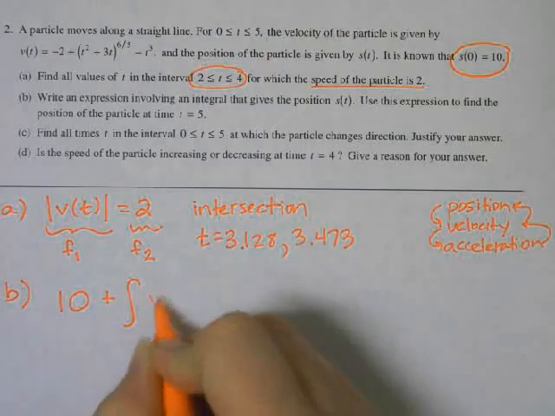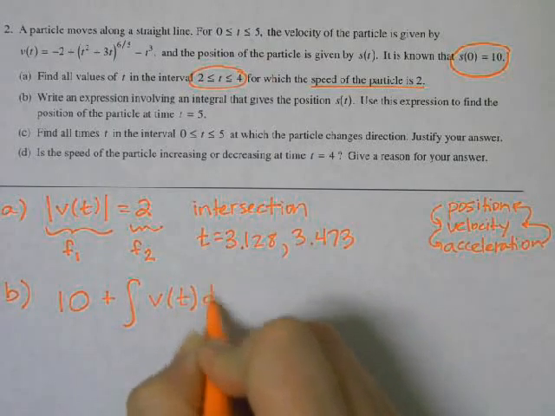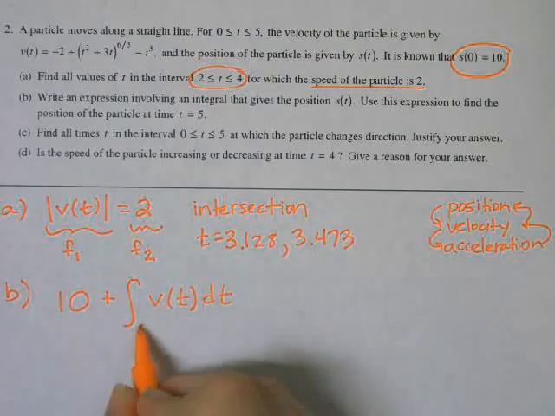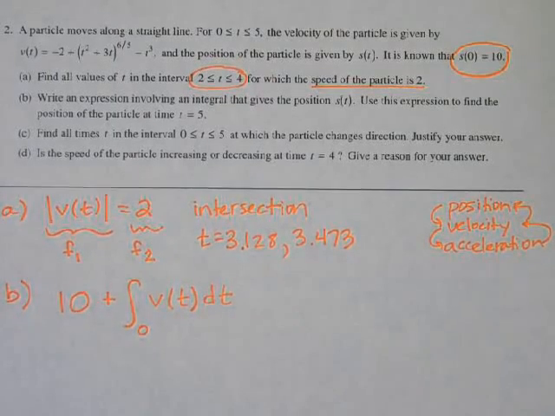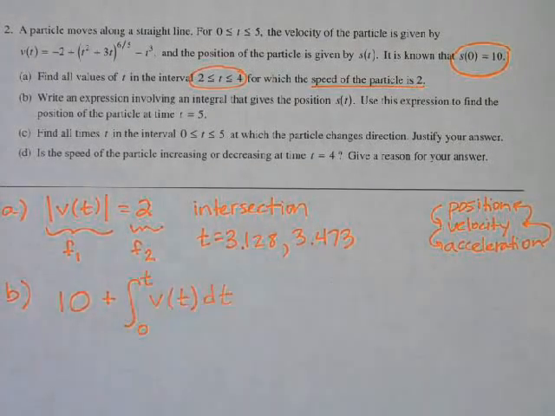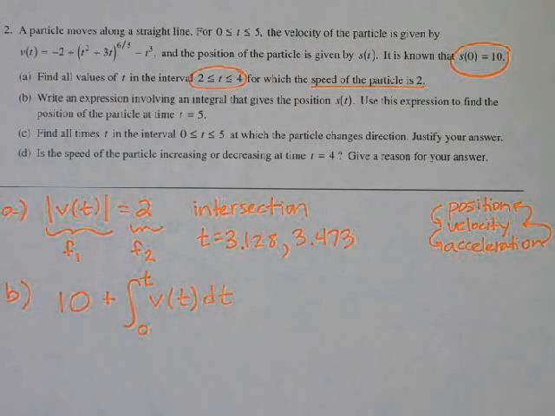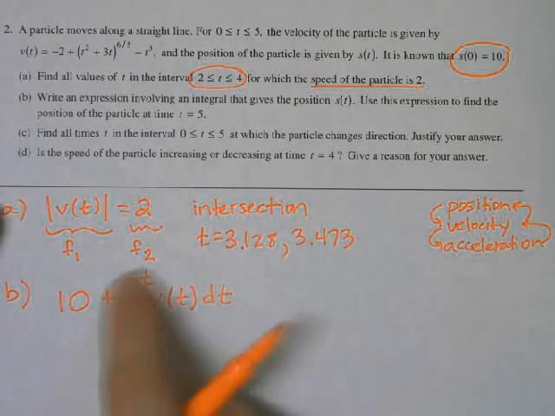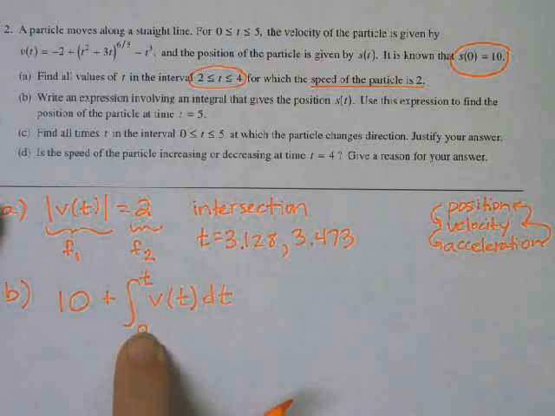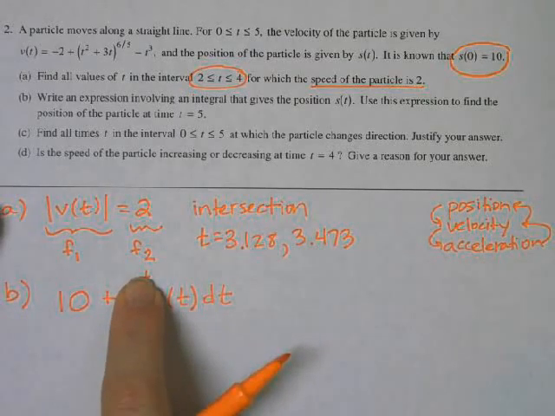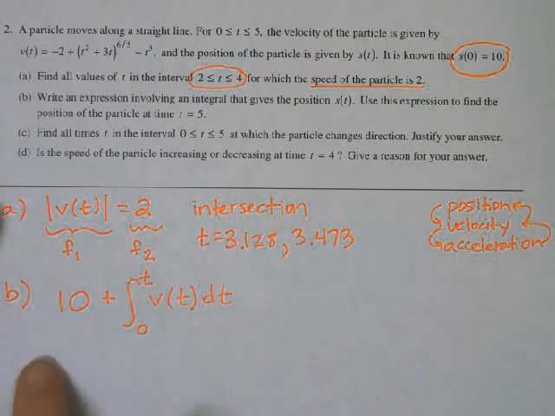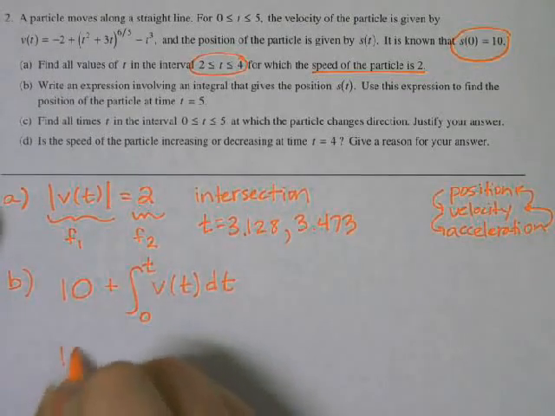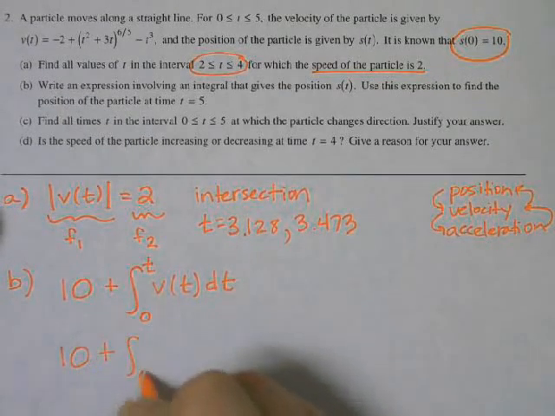All right, so you can do this in a calculator. So I go to the calculator. I can type in 10 plus menu calculus numerical integral, or there's a template for the integral, from 0 to 5 of -2 plus, and you can do t or x here. On the graph you need to use x. On here you can use t or x, so t squared plus 3t to the 6 over 5 minus t cubed dt.